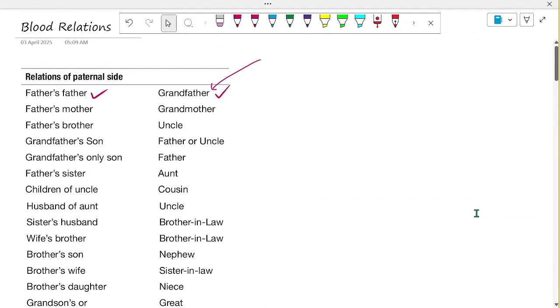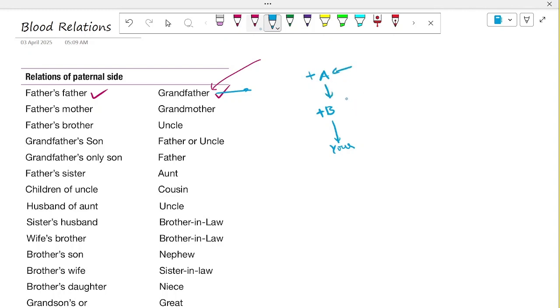Now let's go to the first one. Father's father. How do you draw father's father? Let's imagine that A and B, and you are here. It is you. Your father will be drawn here, and you remember the gender symbol, it is plus and again it is plus.